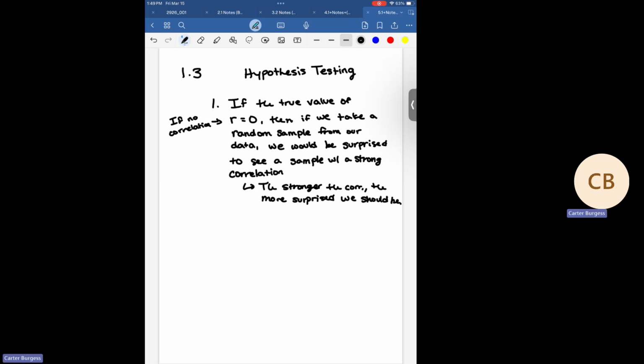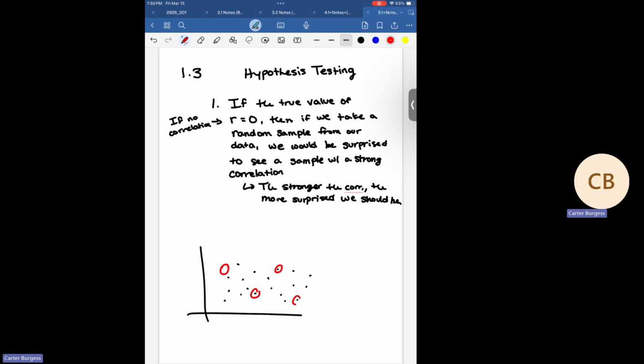Okay, so what am I describing here? Well, let's consider a population that has no correlation. Right, we'll just throw up some random dots. Very clearly no correlation here. And I take a sample of this population. Most of my samples are probably going to look fairly similar to the population, right?